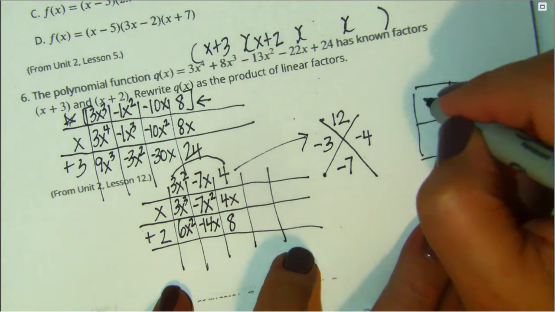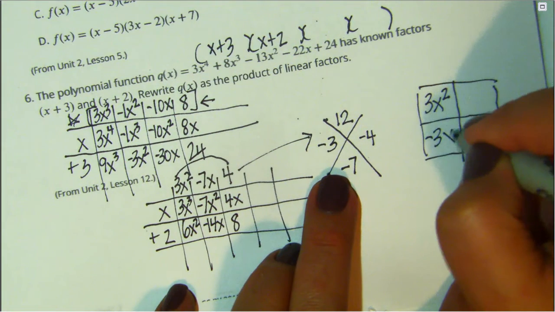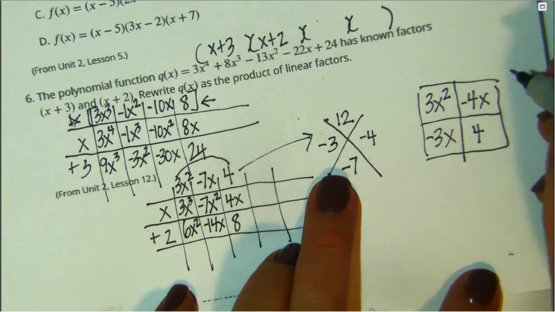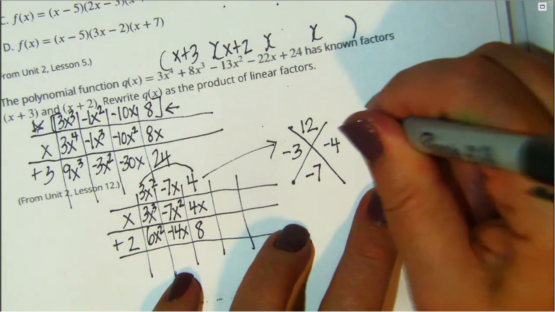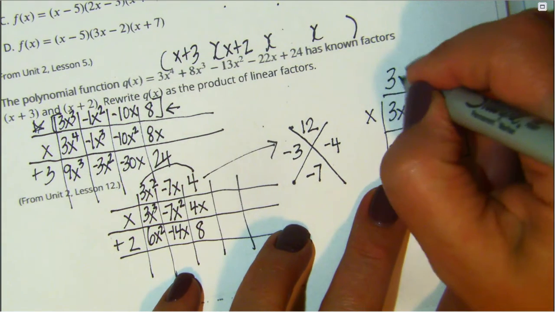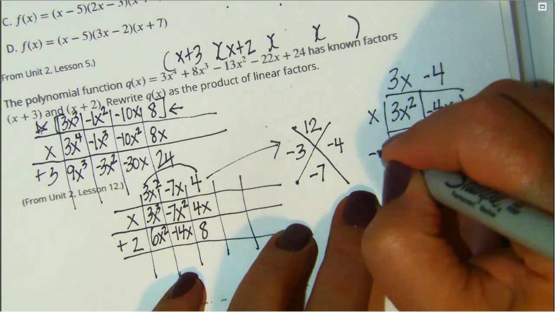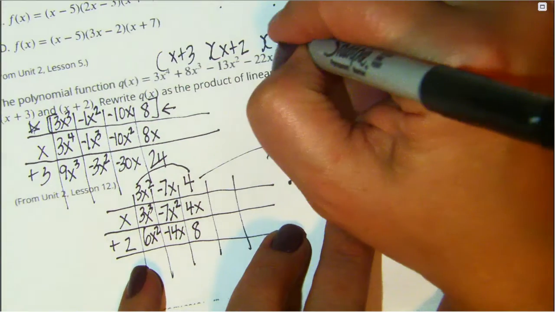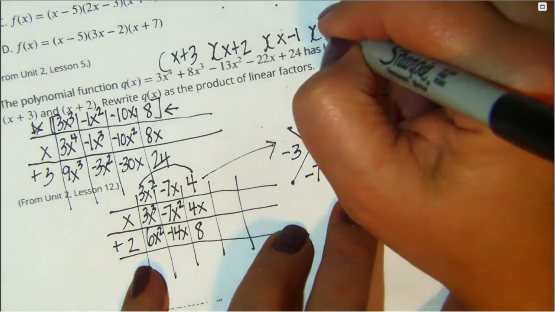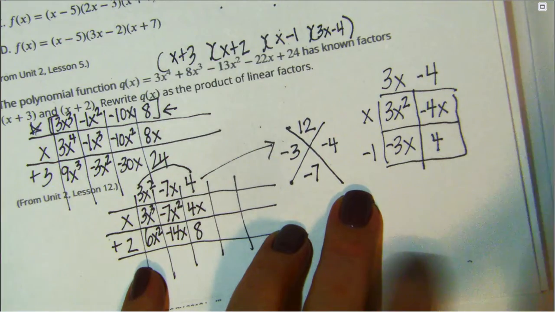So I know it was a 3x squared and a 4. And these two are what made my 7. So now let's see, what do these have in common? X. What do these have in common? 3x, -4, and -1. So there's your other two factors, x minus 1 and 3x minus 4.